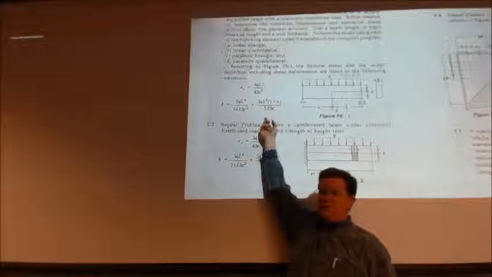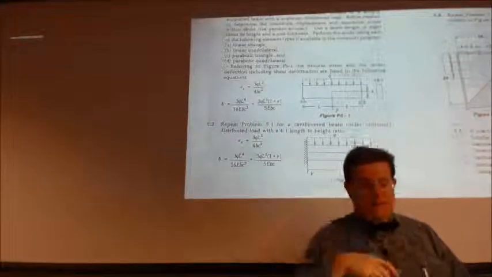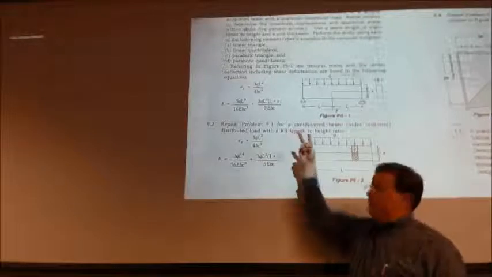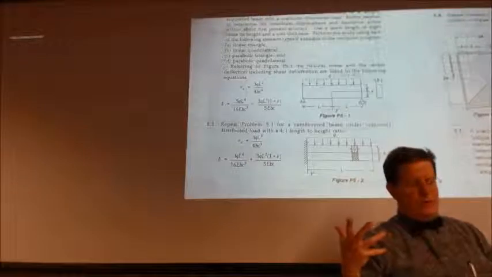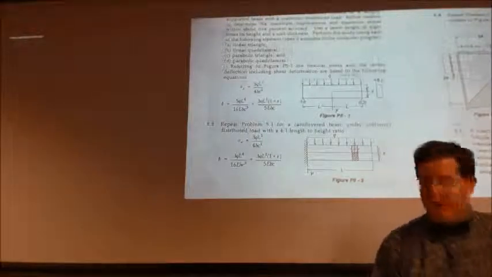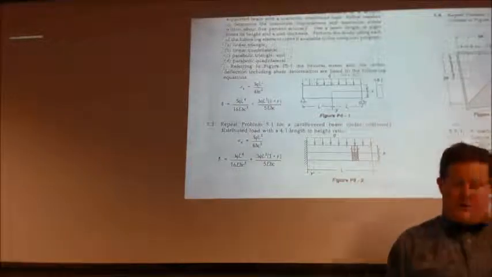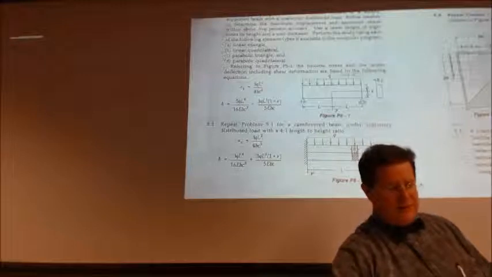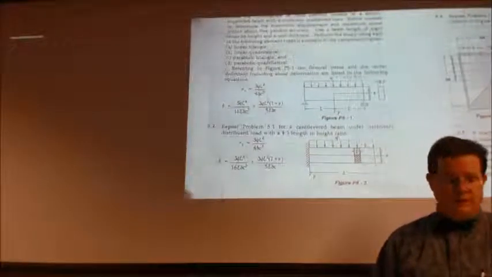This equation is dealing with the shear deflection. So why is he including the shear along with normal beam deflection? Because we're dealing with a short beam, because based on this problem, the beam is not very long. Our aspect ratio is short, or well, less than at least 10.